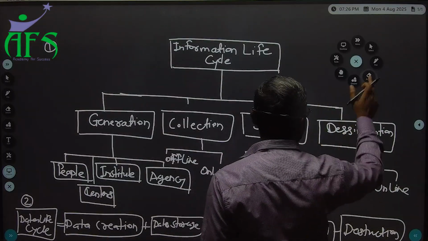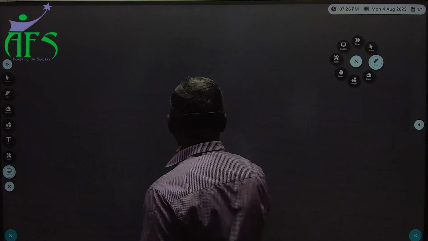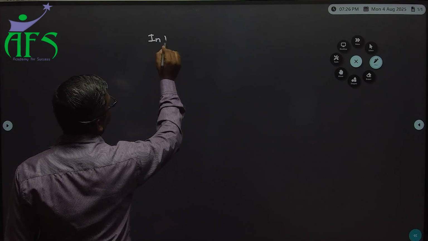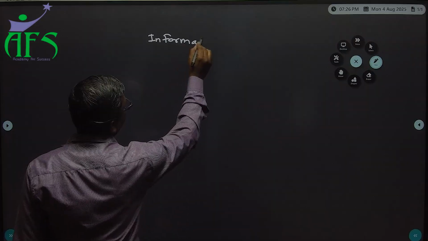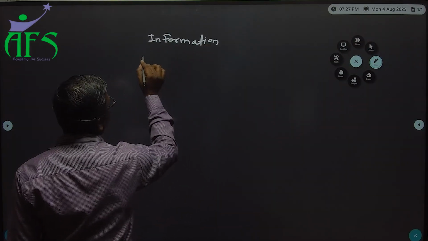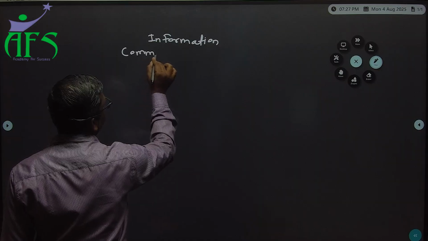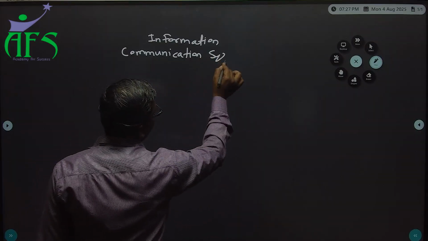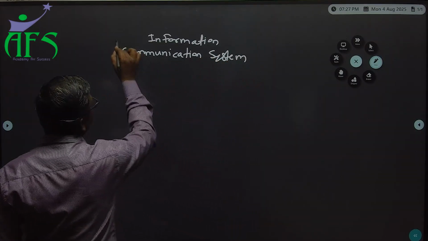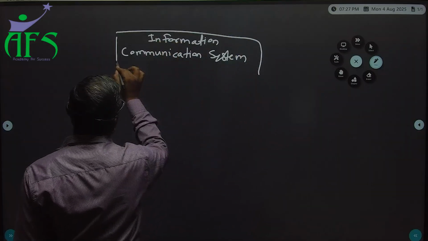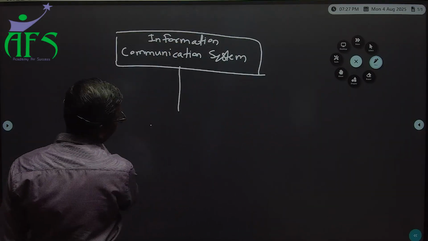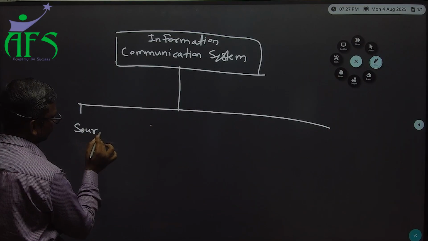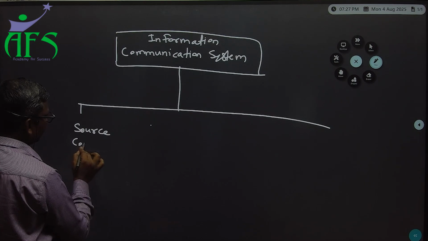Information communication system. Okay. First one is a source, that is called a communicator.